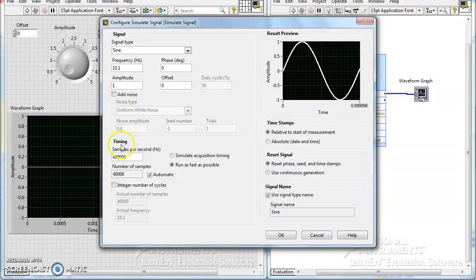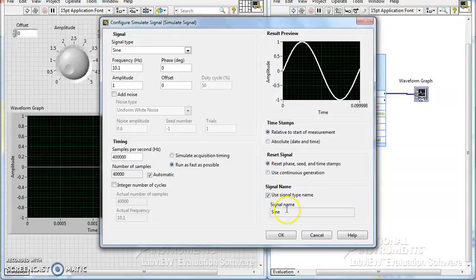Next, one more parameter we are more interested in over here is the timing parameter, which is samples per second, expressed in Hertz. To get a clear visibility of the wave, that is, to display the wave in a smooth manner, let this be 100 times the frequency you choose.